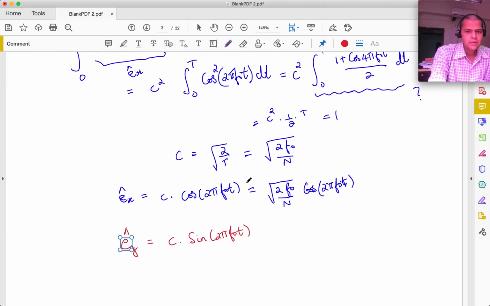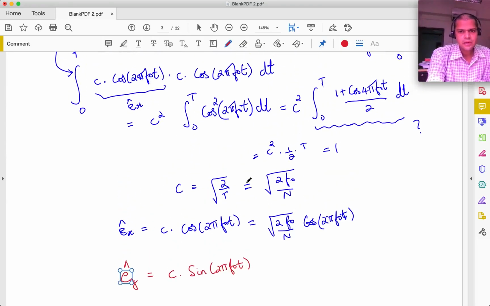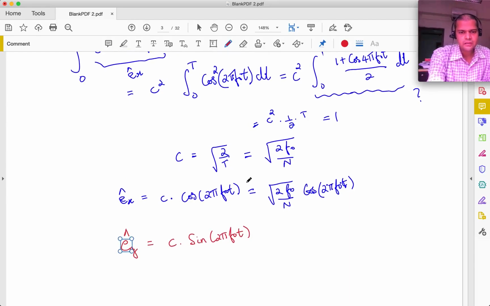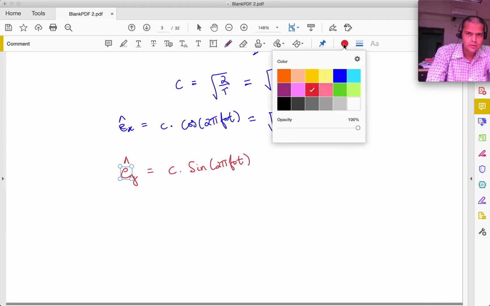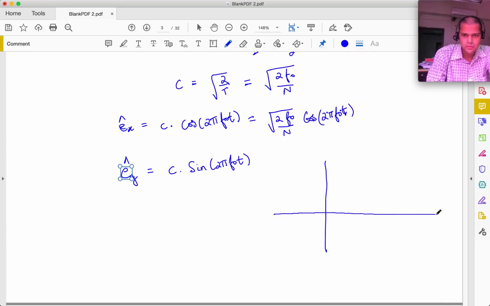Okay, so in general, when you have a particular signal that you get, if you want to find its x and y coordinates, you will have to take the dot product with these unit vectors in the x and y direction. Okay, so I can draw this. Suppose I have a signal which I am going to receive, and let's say r of t is the signal that I receive.